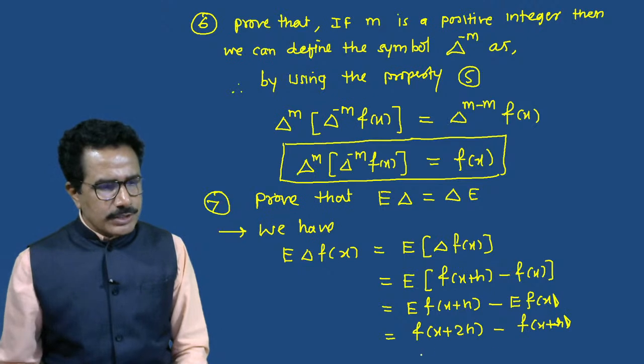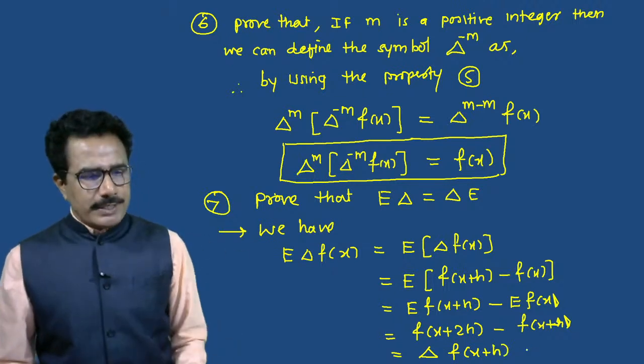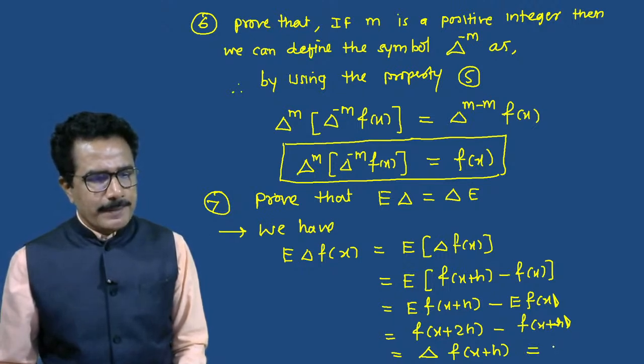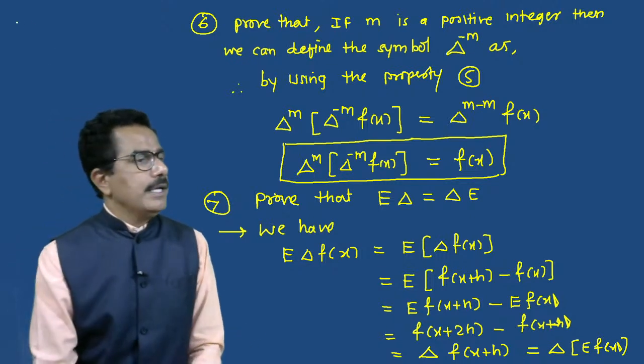So it gives the value delta f of x plus h, and f of x plus h is also given by delta of E of f of x. f of x plus h means delta E of f of x.